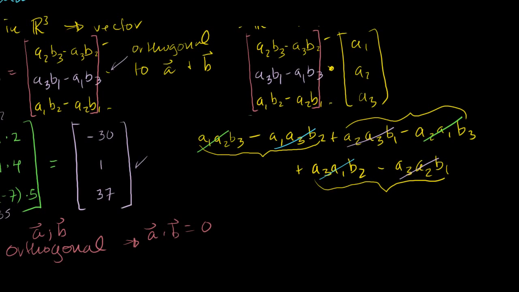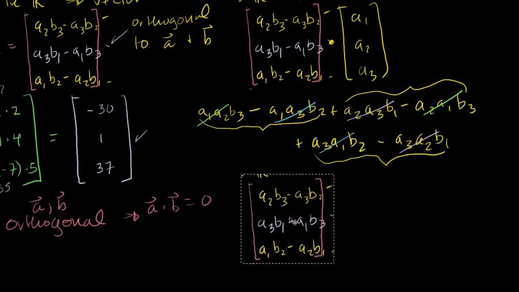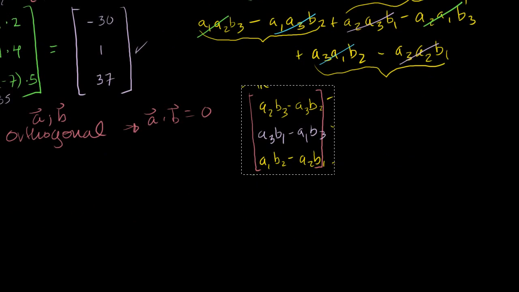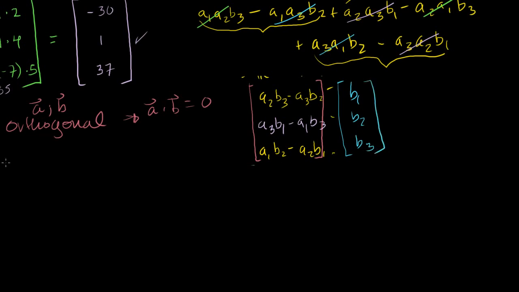Let me show you that it's orthogonal to B. Let me get another version of the cross product of the two vectors. I'll scroll down a little bit, and let me multiply that times the vector B: B1, B2, and B3. I'll do it here just to have some space.